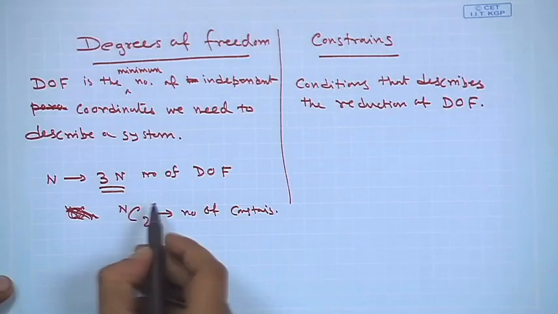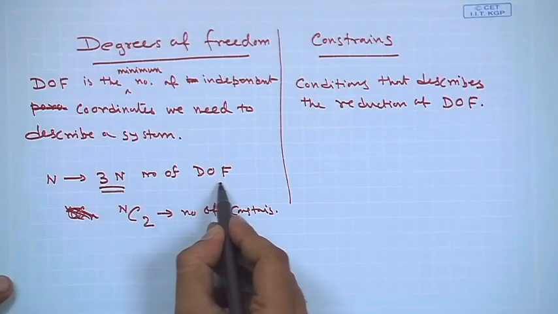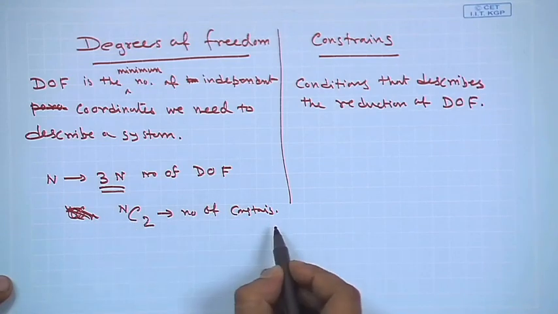Now, for a system of N particles in a rigid body, the reduction of the number of degrees of freedom due to the number of constraints is not straightforward. We cannot just calculate it by this relation. Let us say we need 3N degrees of freedom and NC2 constraints.